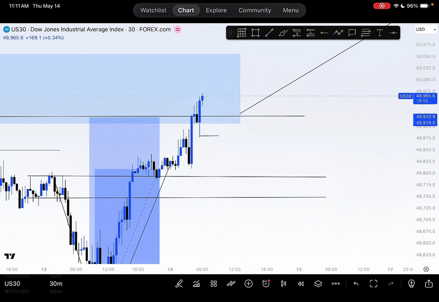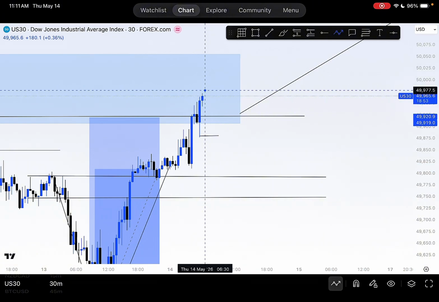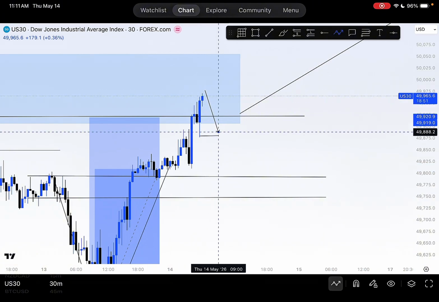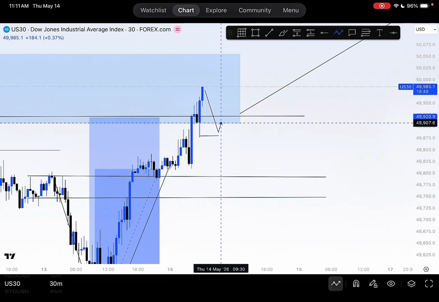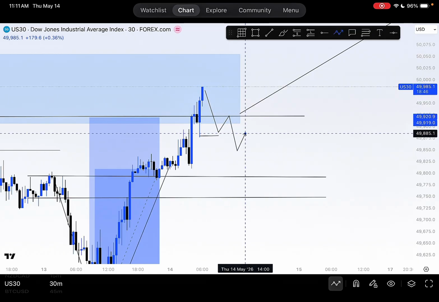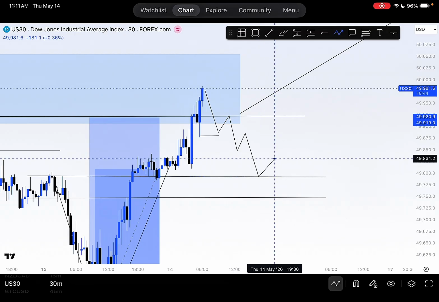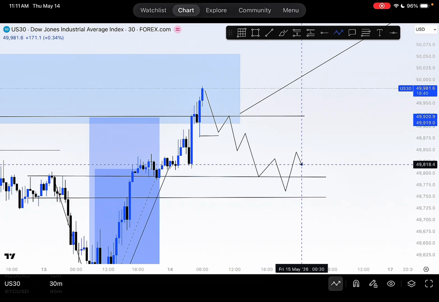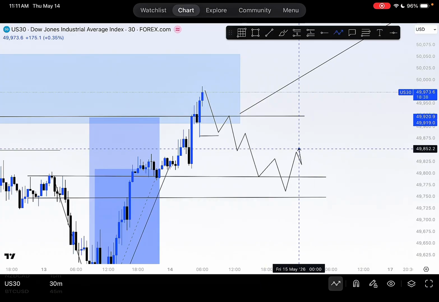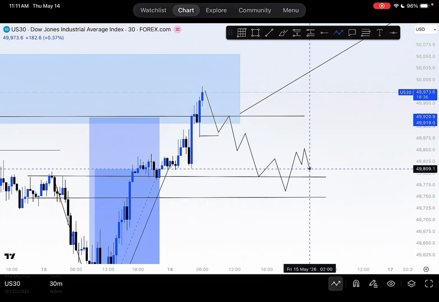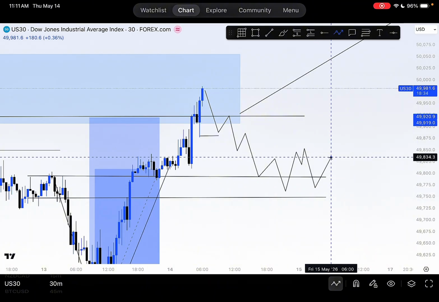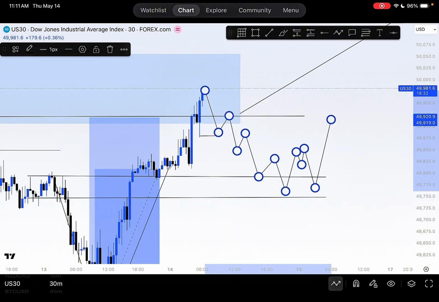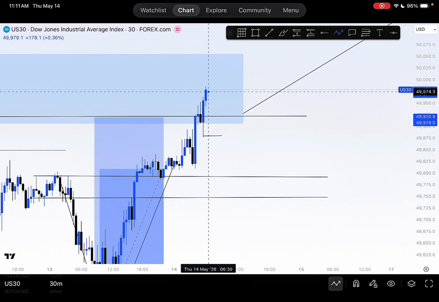I expect the market to reject from this zone, come back, tap in, give us our MSS, inducement, clear up that candle that caused the inducement before coming down here to buy. But if the market should do this as well, we'll still take that trade.